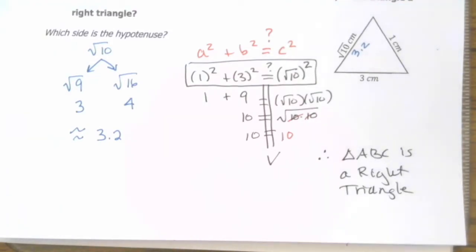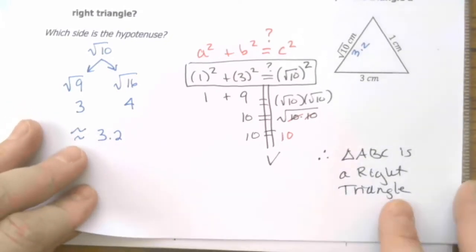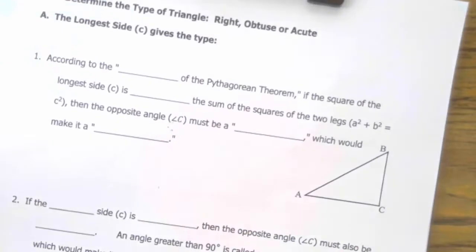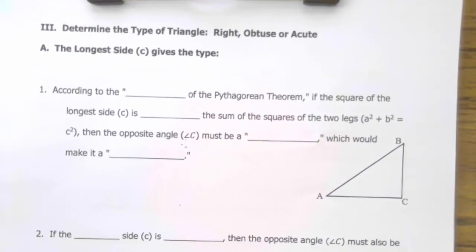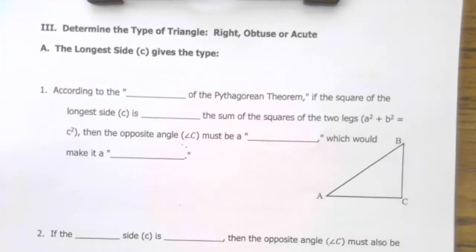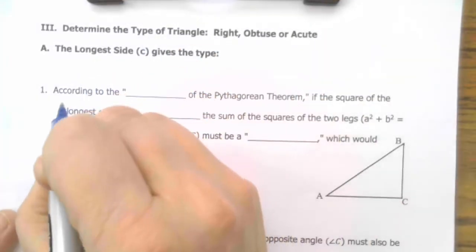All right, so we're going to add on, because this is probably something you've seen before, but we're going to add on something a little bit new. Roman numeral 3, we're going to determine the type of triangle, right, obtuse, or acute, and the longest side, C, actually will give us the type of triangle we have.